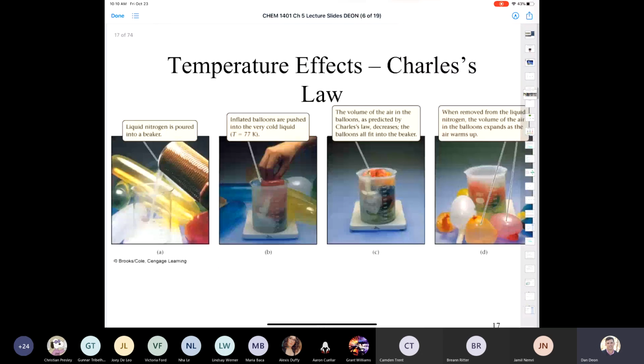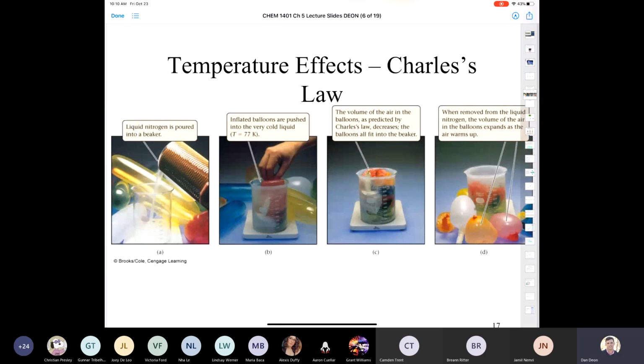I asked you before the lecture started, what's going to happen if you heat up a gas? And all my students said, oh, it's going to expand. Well, here's a cool experiment where you actually cool a gas. If you take a party balloon and blow it up with the gas from your lungs, and you pour liquid nitrogen on top of it, look what you can do.